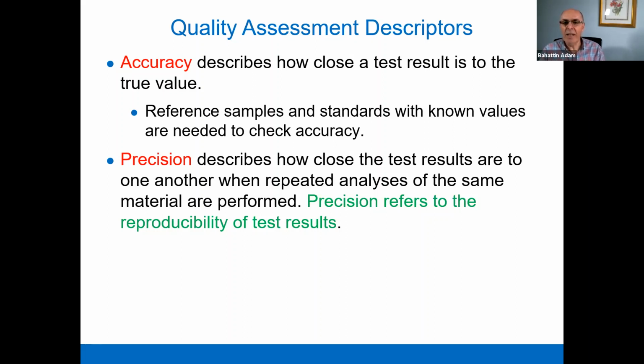You will see how close the test results are to one another. Okay, precision refers to the reproducibility of the test results. If each time you get almost the same result, or really close to each other, that means your precision is good. You are performing the test correctly.